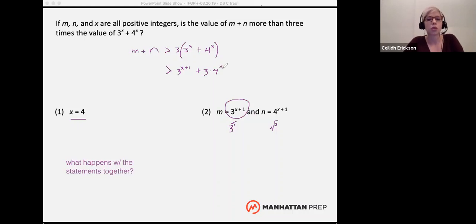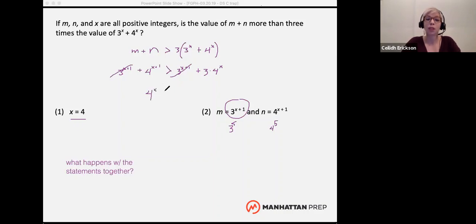If we look at statement 2, if m is 3 to the x plus 1, and then n is 4 to the x plus 1, how do I simplify this? Well, we could subtract the 3 to the x plus 1. It's on both sides, so let's get rid of that. And then we're looking at 4 to the x plus 1.